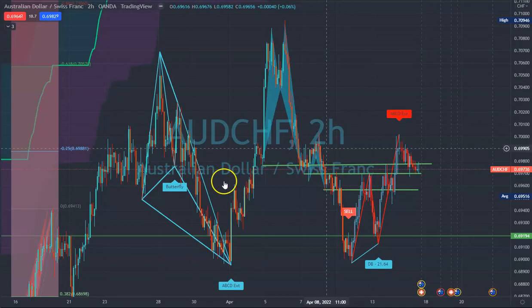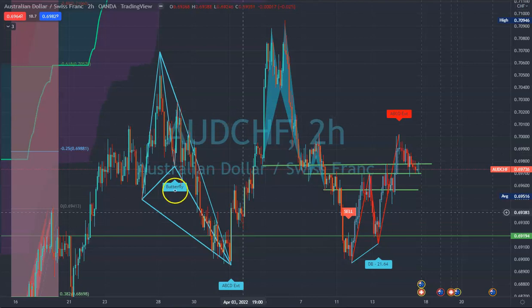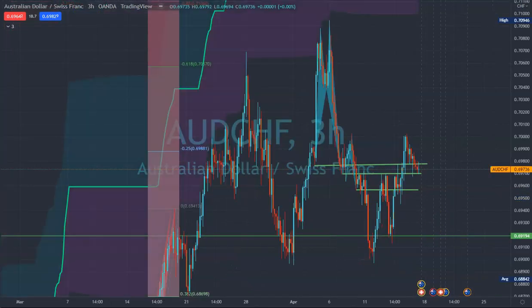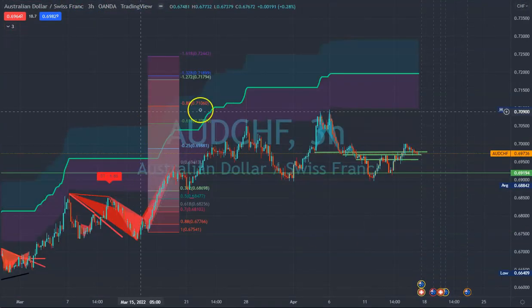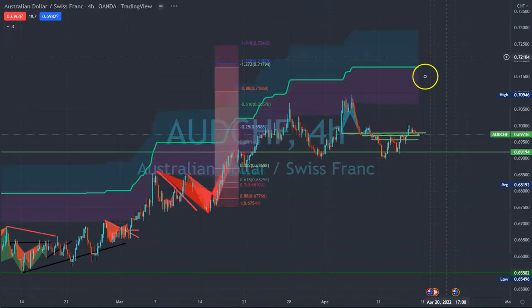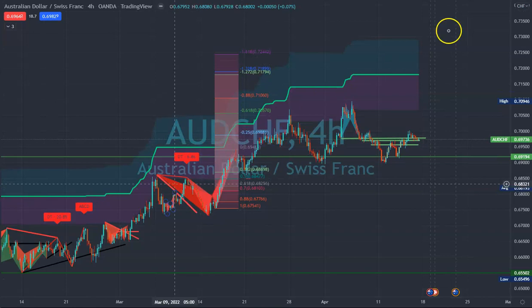We'll zoom out. We find more harmonics that formed and closed already. There's nothing I can do about that. Zooming out further. This thing has been in a buy the whole time. Look at that. Just hold, buy and hold, man, straight up.